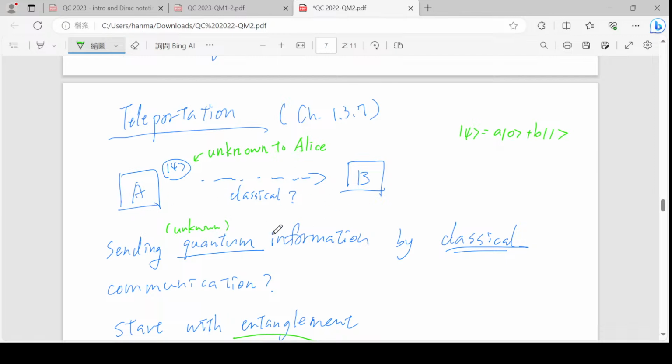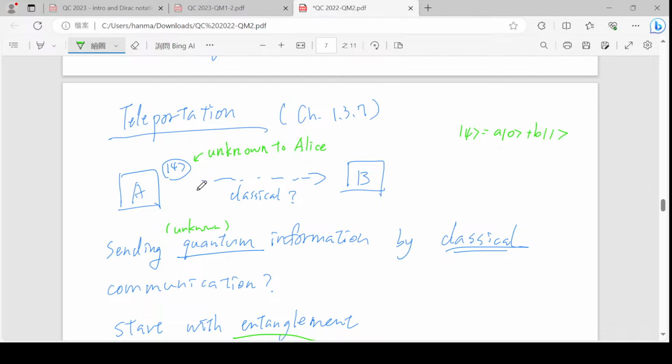Okay. So another thing, this is kind of impossible because Alice wants to send whatever state to Bob, and Alice doesn't even know that state herself. So you have a state A|0> plus B|1>. And as you see, if you want to classically describe this state, you have these A and B coefficients, which are two complex numbers, and it takes a lot of classical bits to describe this with good precision.